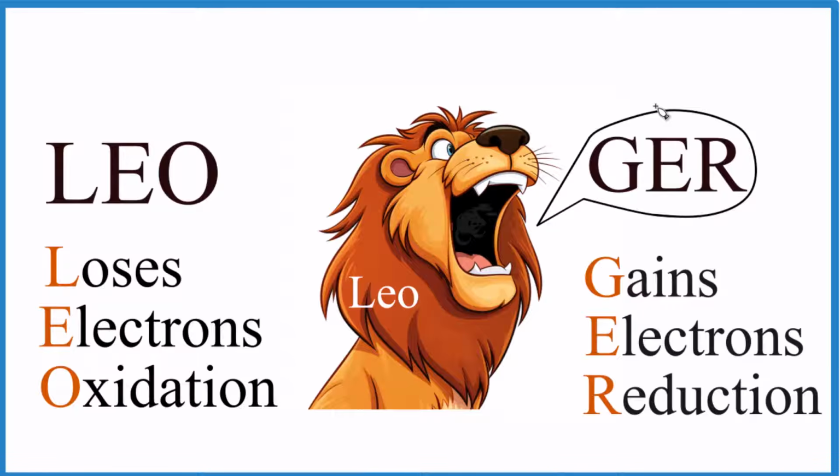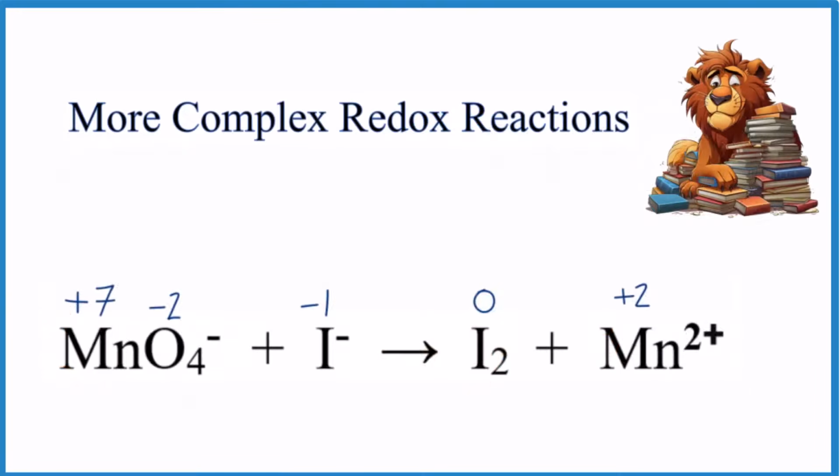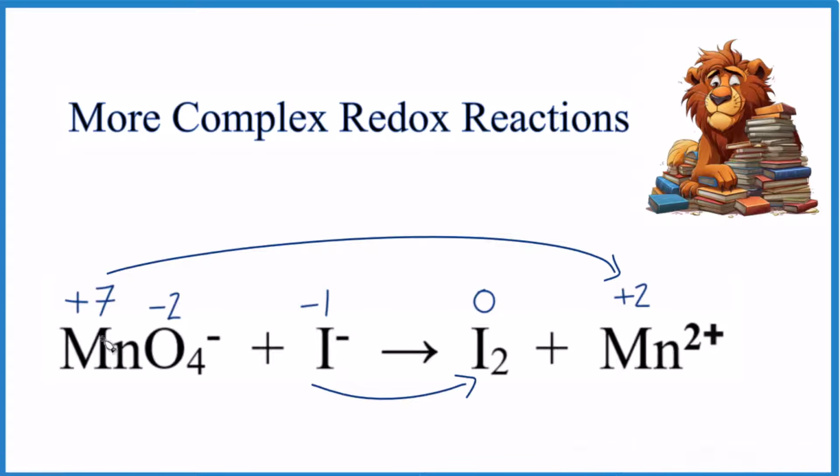So let's do some more. As with all things in chemistry, it does get a little bit harder. So pause and identify what's oxidized, what's reduced, and what loses and what gains electrons. +7 to +2, that number got smaller. That's reduced.